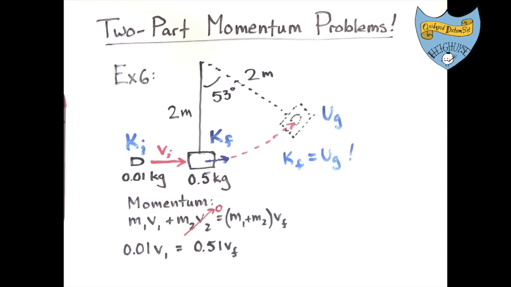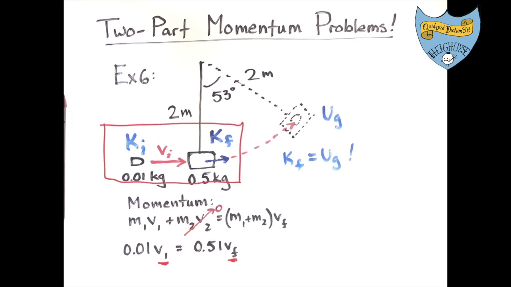And now I'm stuck. I don't know the initial velocity that the bullet had. That's the whole point of the question, is how fast was the bullet moving? Nor do I actually know the speed that the pendulum arm has after the collision. So it really would seem like we have no way forward, right? There's no way to solve this question, at least not using just this information right here.